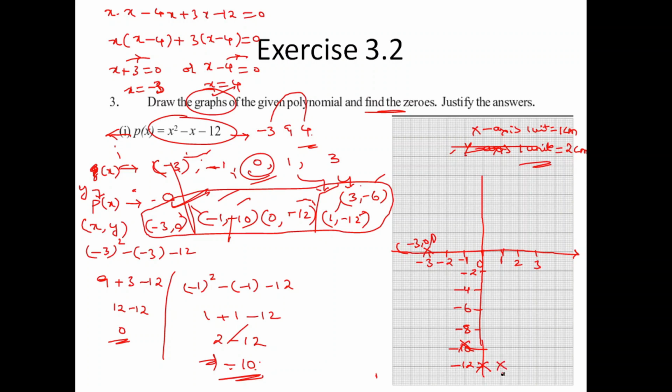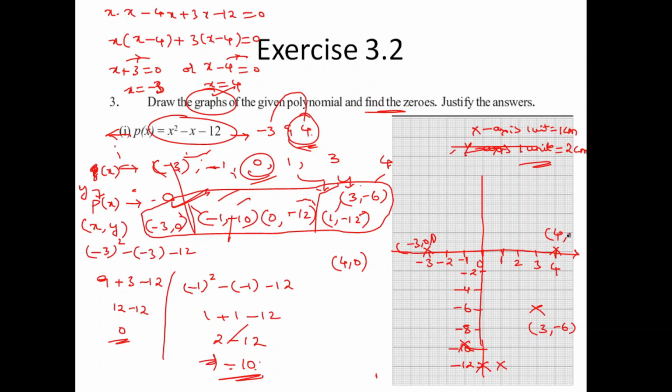The other one is 3, comma minus 6. So this is 3, comma minus 6. I'm drawing this using the free hand. Similarly, if I substitute 4 here, the value we get is quite simple. The other coordinate we get is 4, comma 0. That is the other point which comes over here.